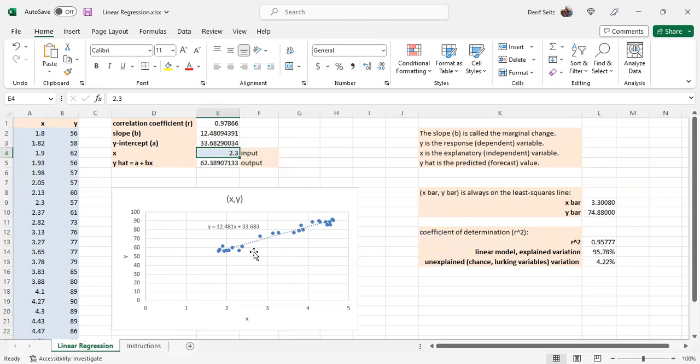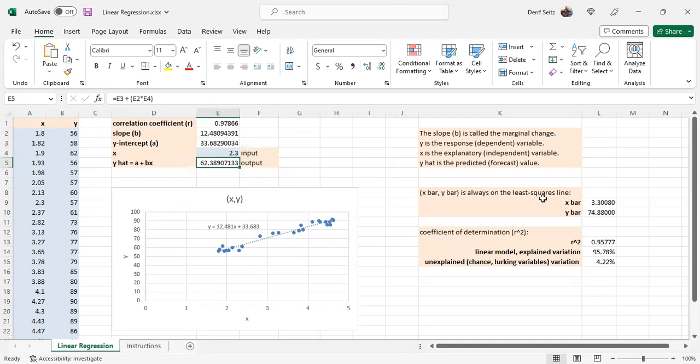Going out beyond those endpoints, whatever the real world phenomenon behind this data is, it may not be linear out there. Outside the endpoints would be called extrapolating, and predicting something within the endpoints is called interpolating.